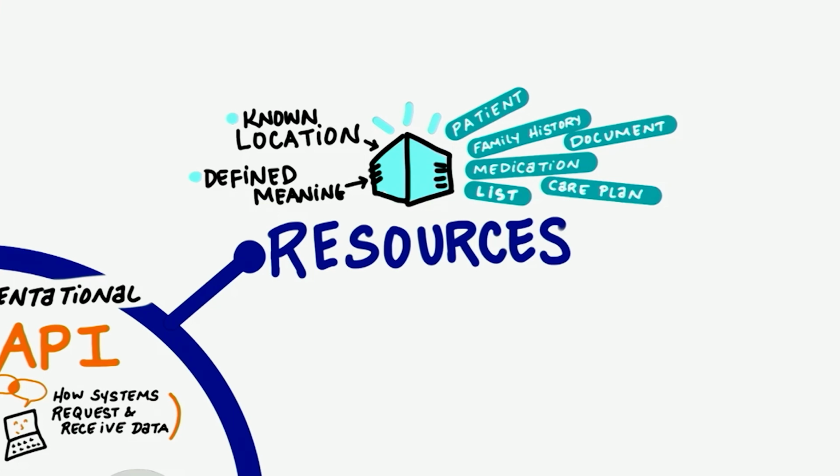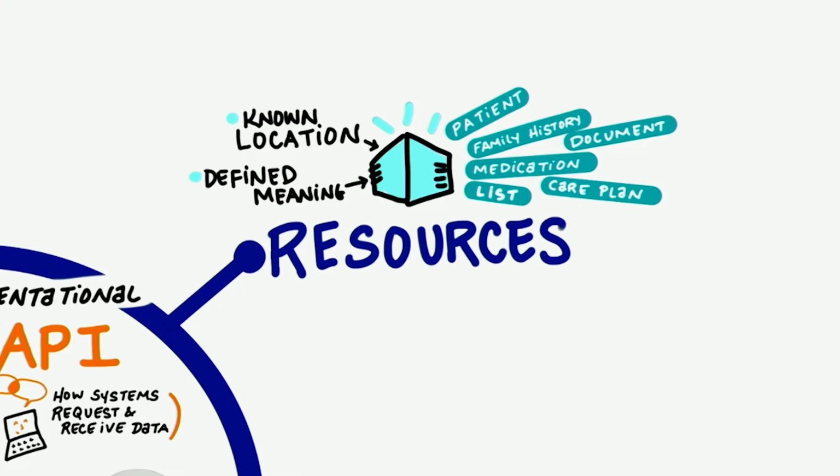So FHIR resources are logically discrete data concepts, not a data element, but a concept, and within that concept are the data elements that you need to describe that data concept. So within the resource are multiple data elements. For example, the patient resource has birth date, first name, last name, gender, and so forth, all the things you need to describe a patient, including a medical record number and a primary provider.